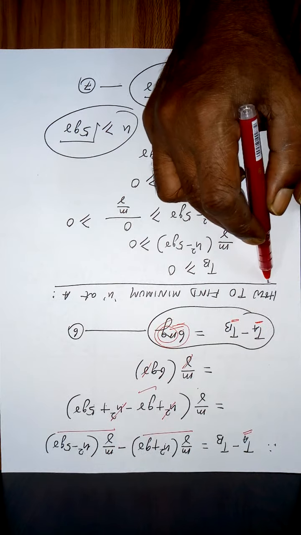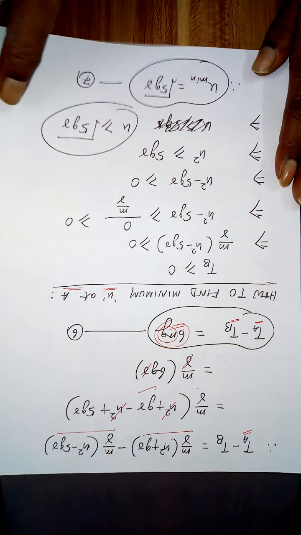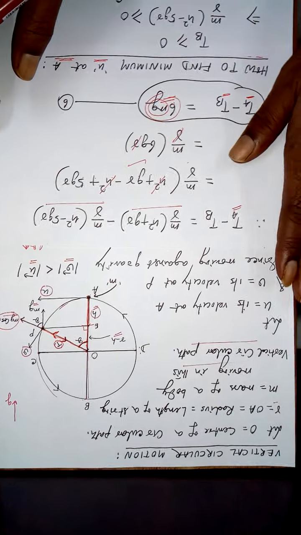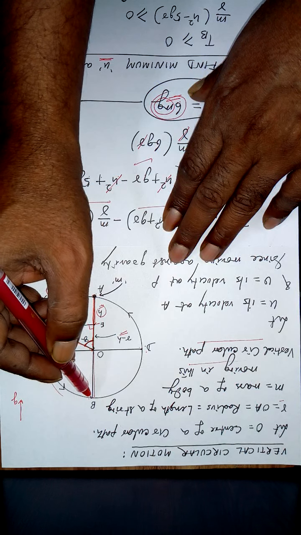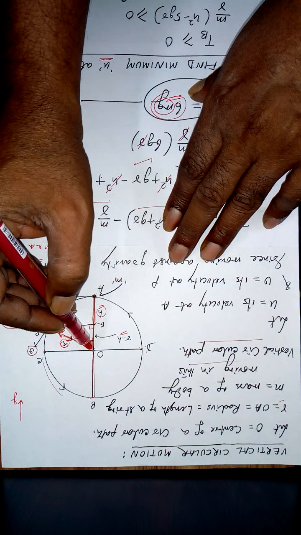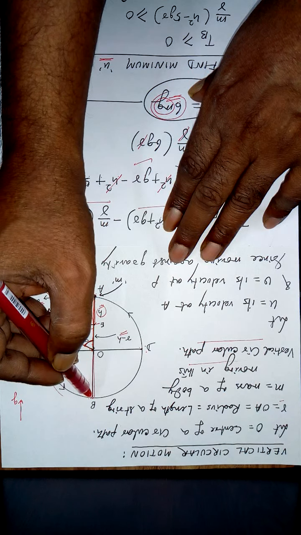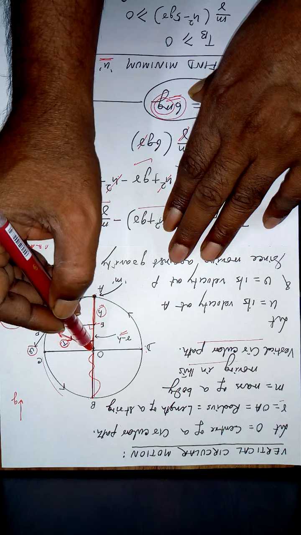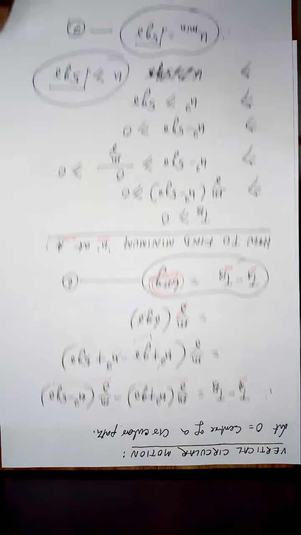Now how to find the minimum u at A? Now look, as the body is moving up, when it is at B, the string is straight, meaning there is some amount of tension which is not zero, meaning the string is not slack. It is straight. There is some tension.